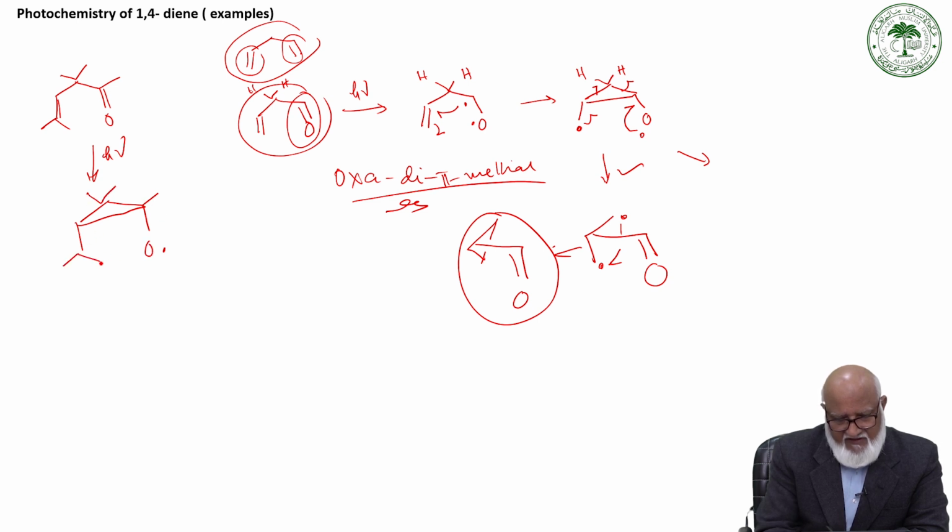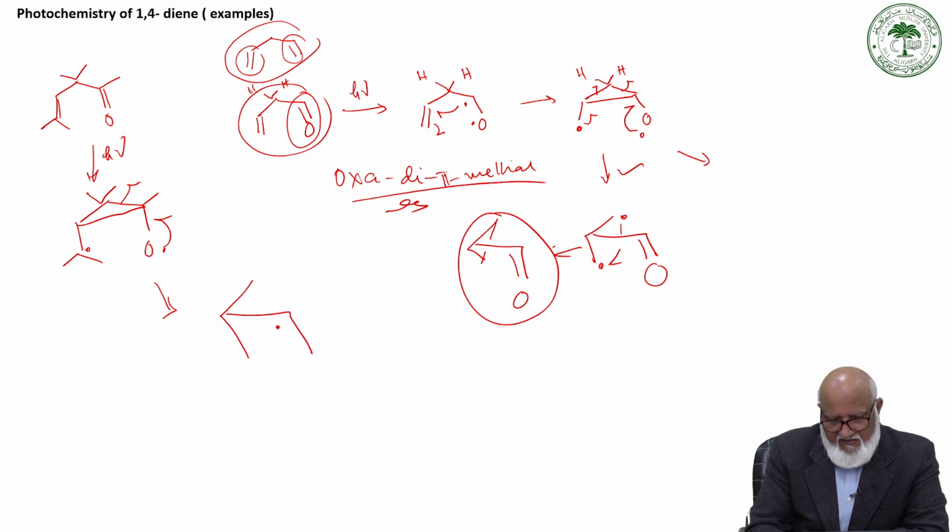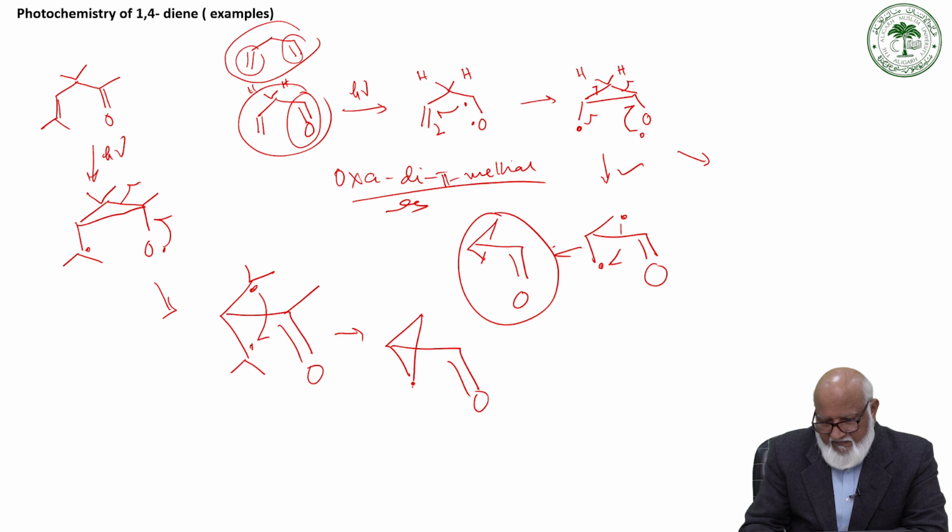and then the conversion of this to carbonyl and opening of this to give a product like this, a diradical species, and then this will combine to give the product.